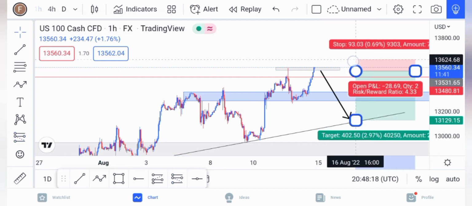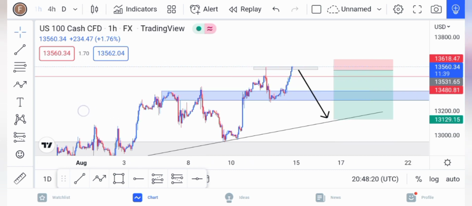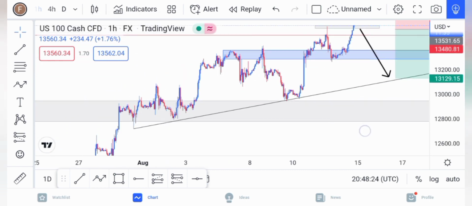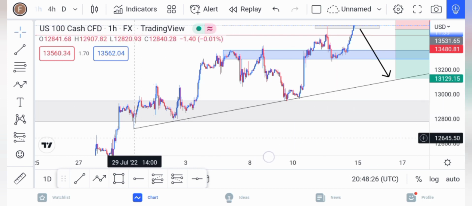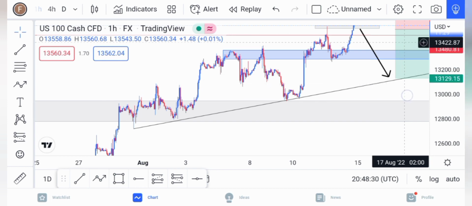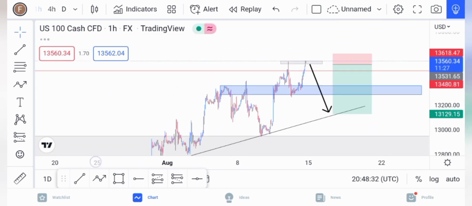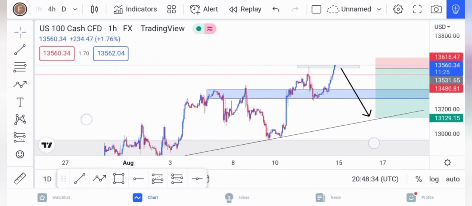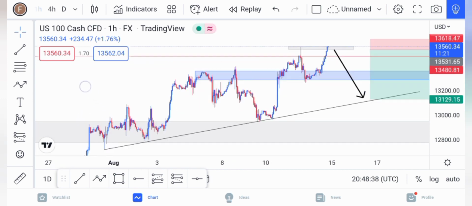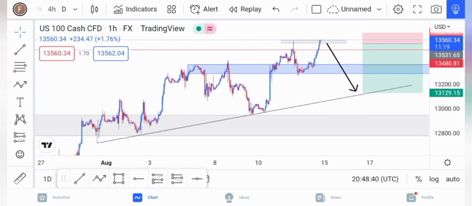So to be on the safer side, don't enter now. Just wait and see what's really going on with NAS100, because as you can see, we had a first touch right over here, second touch, and it could anticipate a third touch before pushing to the upper side, or before respecting that level right over there. So to be on the safer side, let us keep on waiting on NAS100 and see what's really going on.